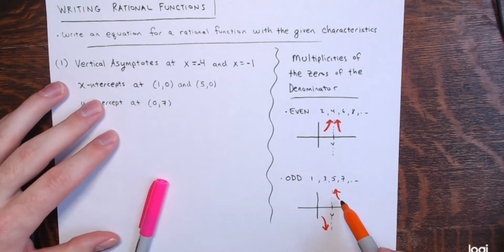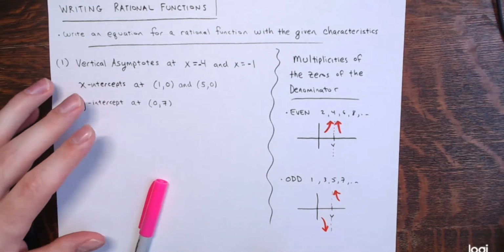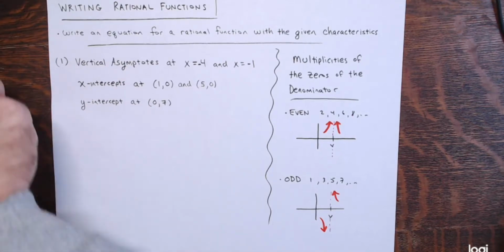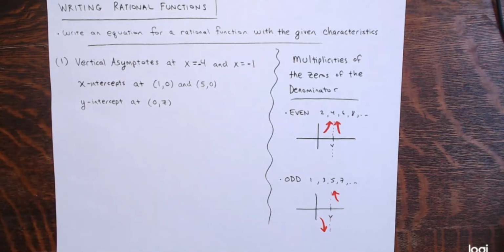So negative infinity on one side and positive on the other, just opposite directions. That's something I briefly spoke of in my last video on graphing rational functions, but didn't actually write out. Here I have.